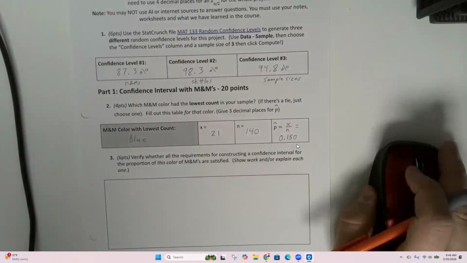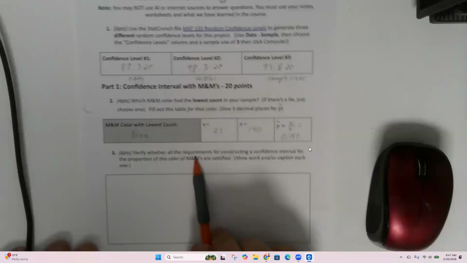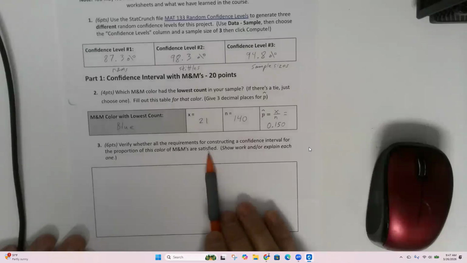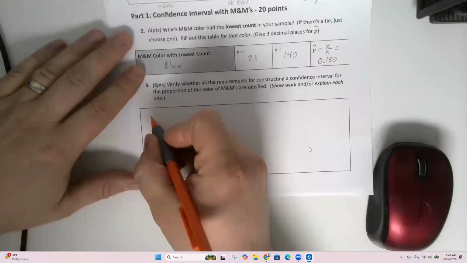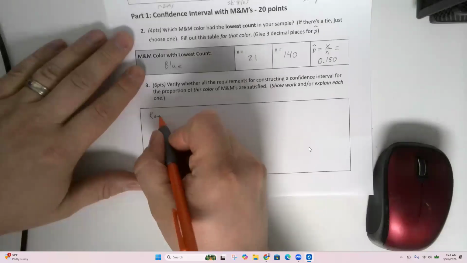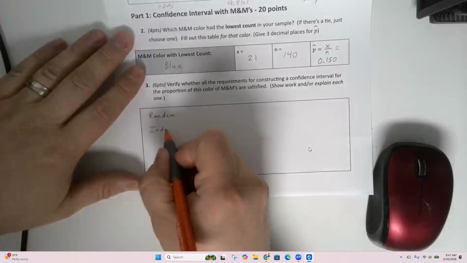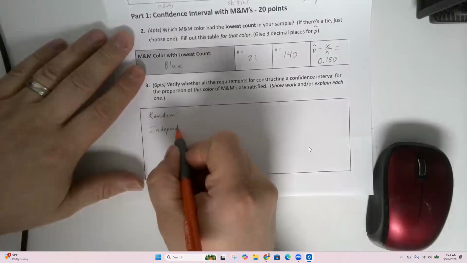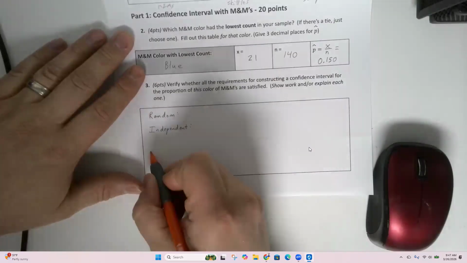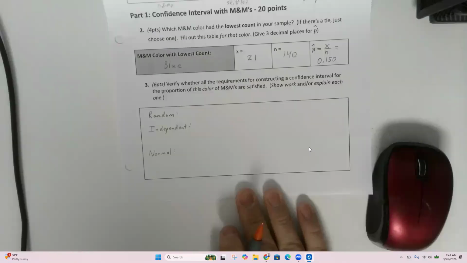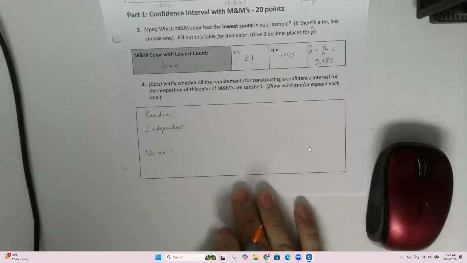So, verify whether all the requirements for constructing a confidence interval for the proportion of this color of M&Ms are satisfied. Okay. So we need to do random, independent, and normal.